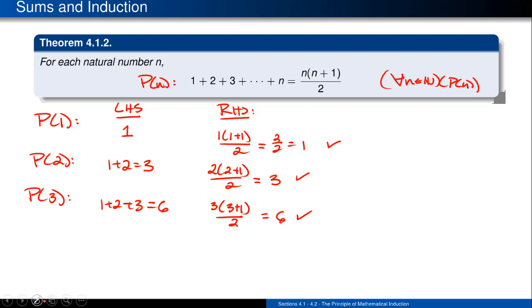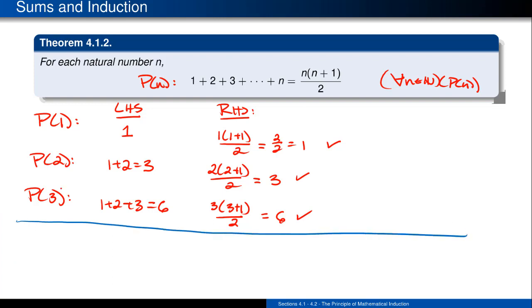So as we run through all of this, I'm going to try to use my previous stage. The idea is that if I wanted to show P4, there's going to be 1 plus 2 plus 3 plus 4. Those first little pieces from 1 to 3, I can use the structure that I had before and then just add 1 to it.